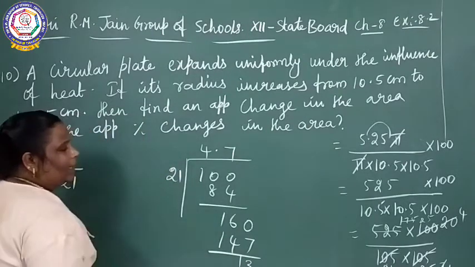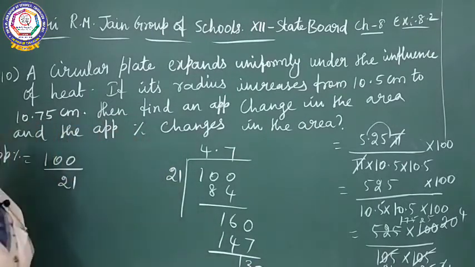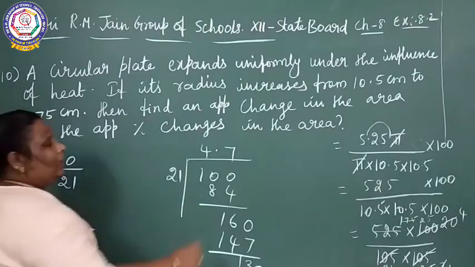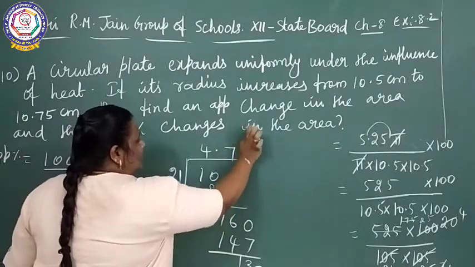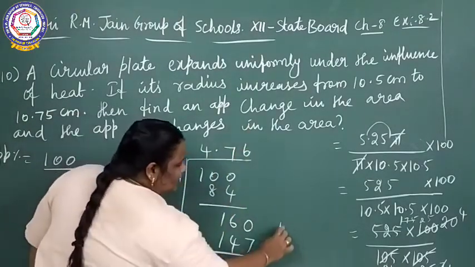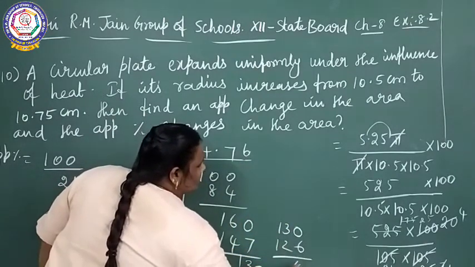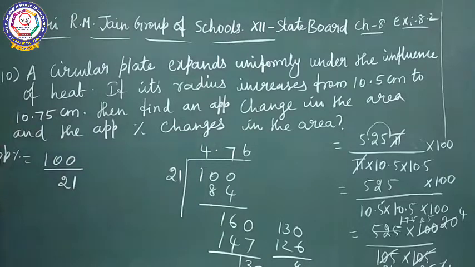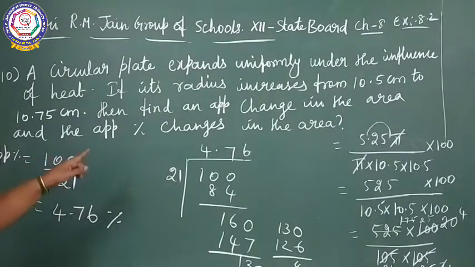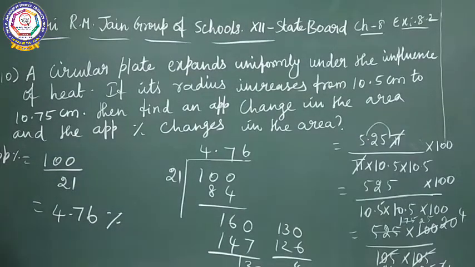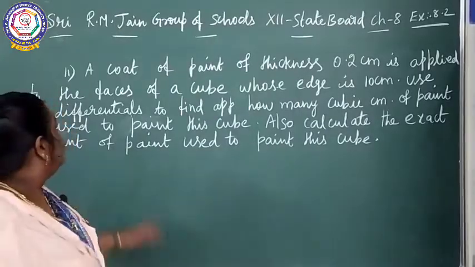Balance 31. Again you can put 0. 21 6s are 126. Balance 4. So what is the answer for this? 4.76 percentage. Approximate percentage change in the area is 4.76 percentage.